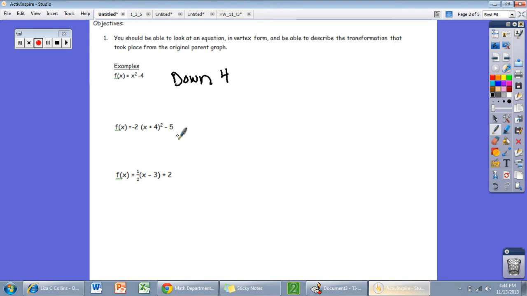Okay, I've gotten a little bit more complex here. I've given you a number out front, and it's negative, so it's reflected across the x-axis. Okay, the negative is what tells us that. Because it's 2, I know that it's skinnier. Okay, inside the parentheses, it's plus 4.